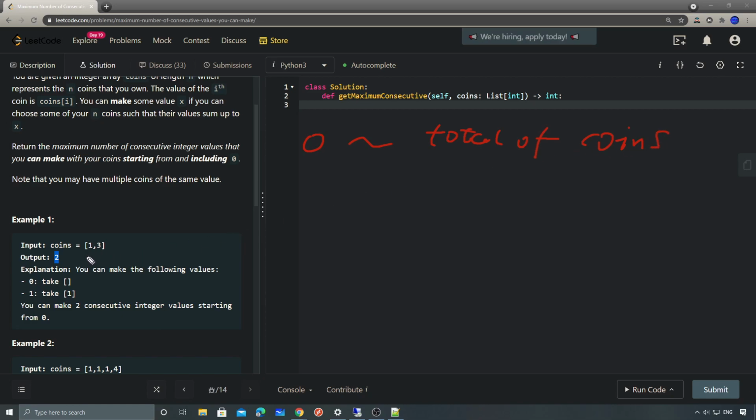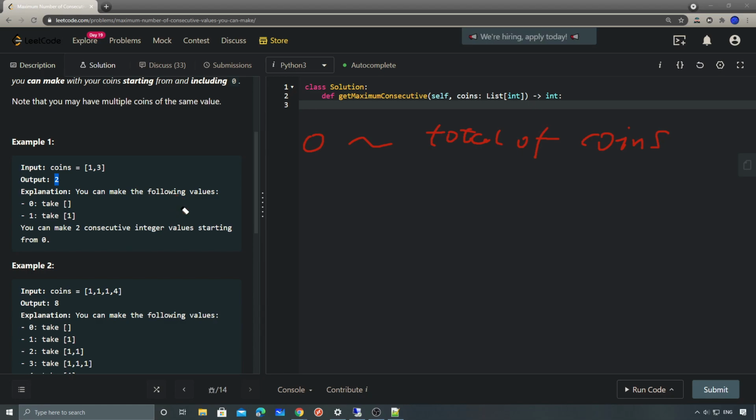For this one, 0 is always the empty one, and 1 means that we can make 1. But here we have to stop at 1 because there's no way we can make 2. To make 2 we need 2 ones, but we don't have that. That's why the answer equals 2 here.